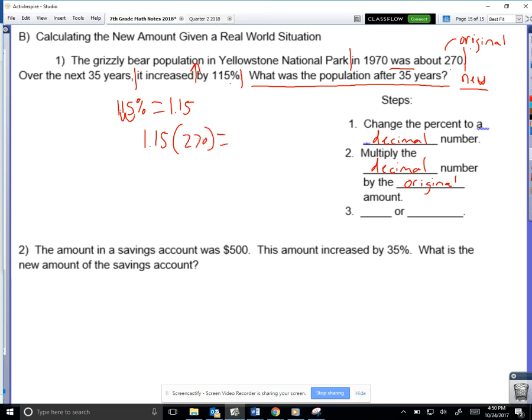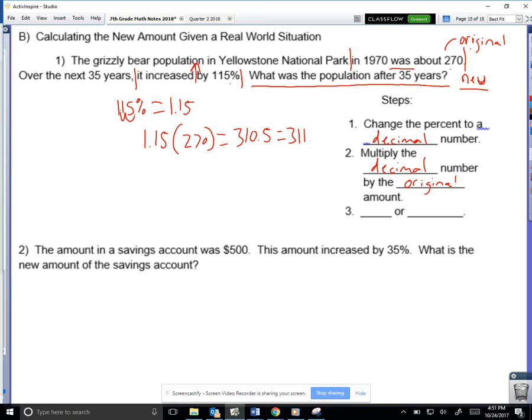If you multiply those two together, you're going to get 310.5 bears, which is kind of weird to have a 0.5 of a bear. Since it's strange to have only half a bear, we're going to round that up. We're going to make that 311 bears, just to keep it simple because no one likes walking around with half a bear. All right, so we got 311 bears.